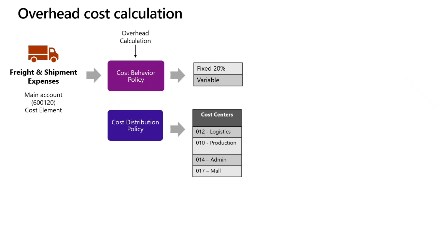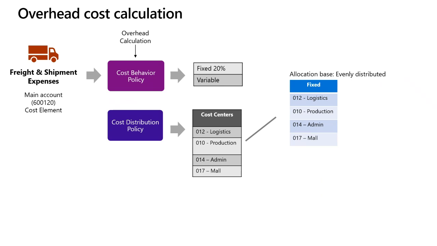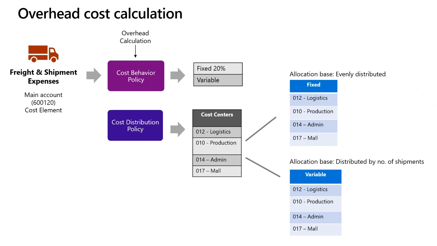This distribution will be based on the allocation basis derived from the number of shipments made by these cost centers. The fixed cost will be evenly distributed across all the cost centers using shipment services, and the variable costs will be distributed based on the number of shipments of each cost center.